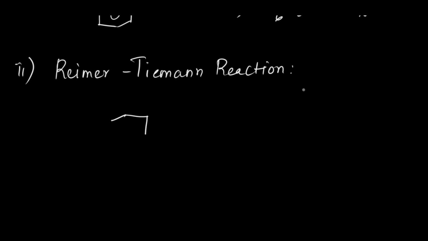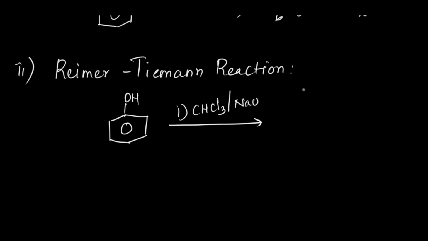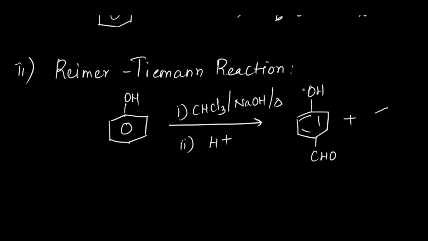So phenol, treating it with CHCl3, NaOH plus heat, acid catalyzed reaction, which is giving us ortho and para substituted phenol. Out of this, para substituted is a much more major product than the ortho one.